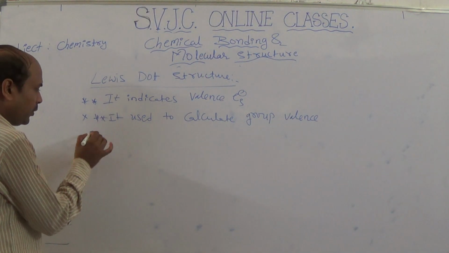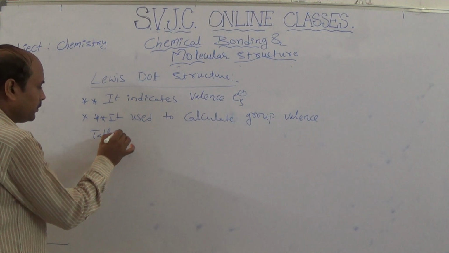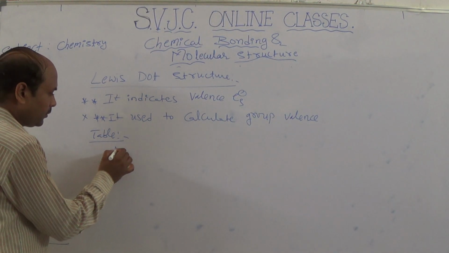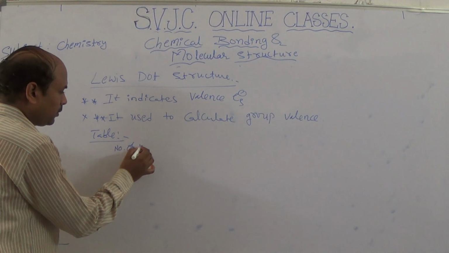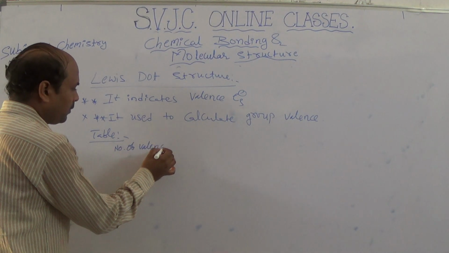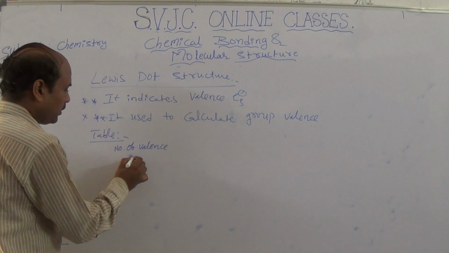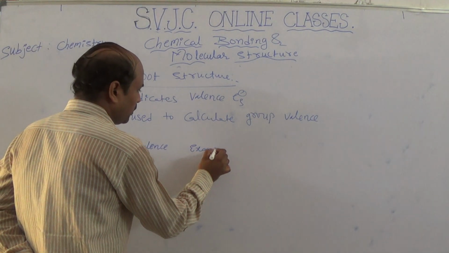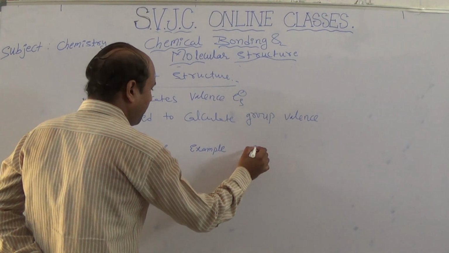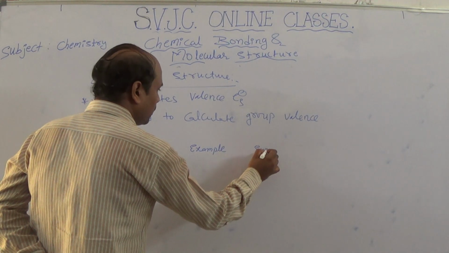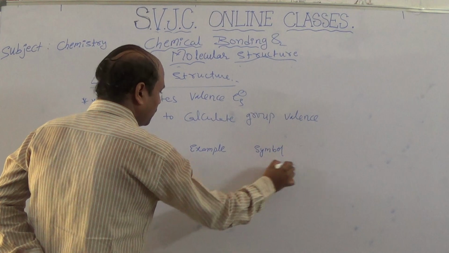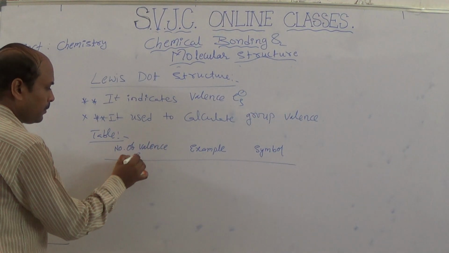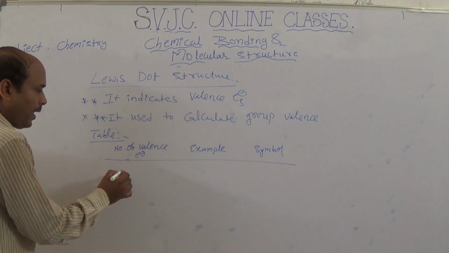I am taking one simple table here. One column is the number of valence electrons, with an example and symbol.